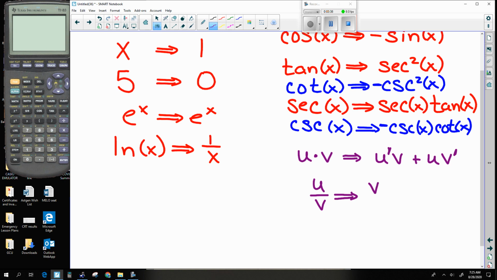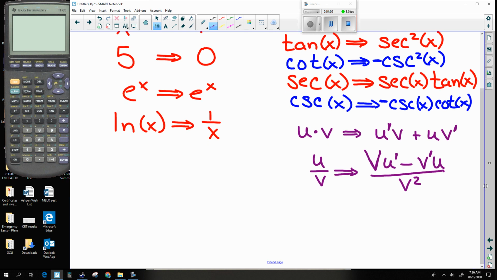Okay, bottoms up, so v u' minus v'u. Minus v'u, again, it's the derivative of the second, so regular bottoms up, and then you flip-flop. Again, the order does matter in the quotient rule. So as long as you can get that v up, then that kind of lets you know how the rest of the formula is going to go. Bottoms up.